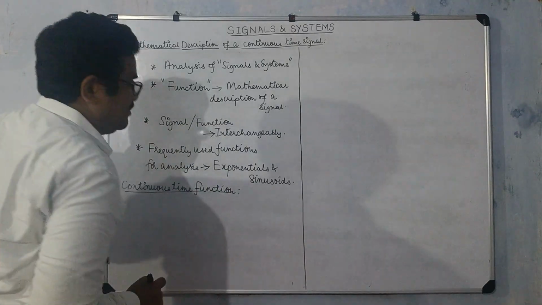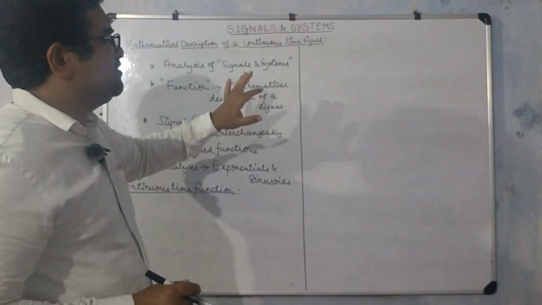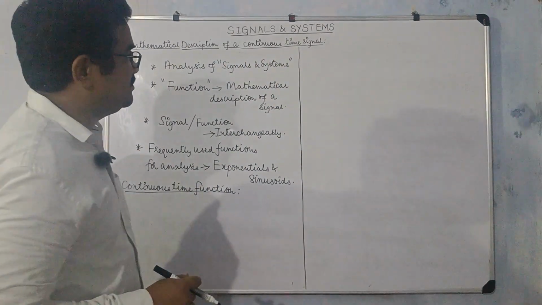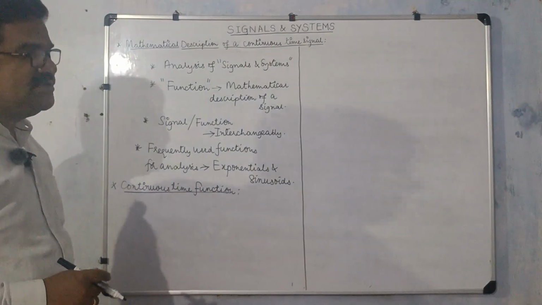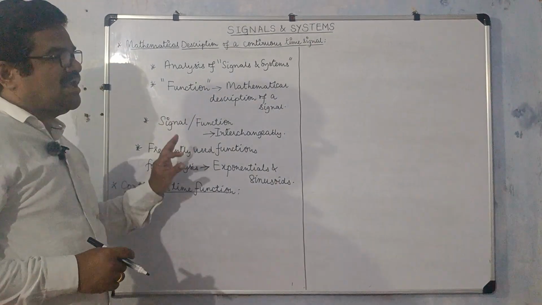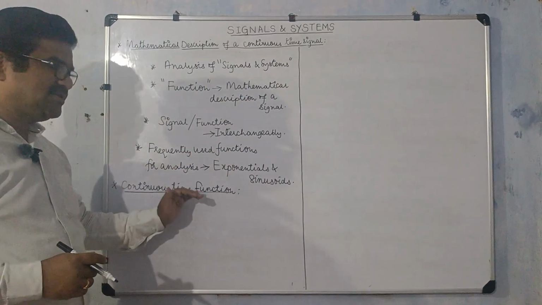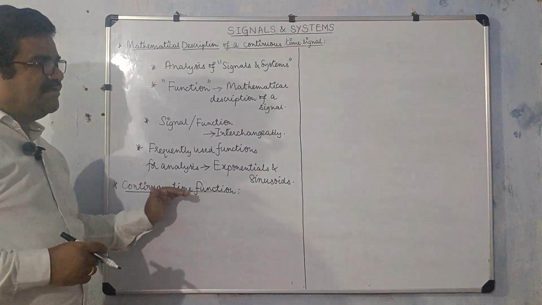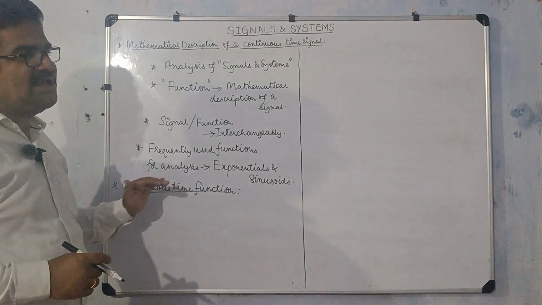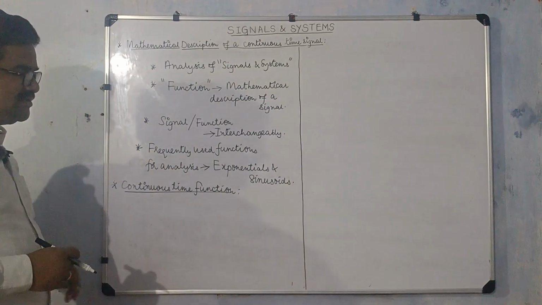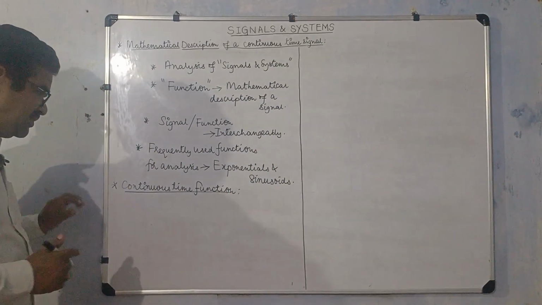We have already seen under the different types of signals, continuous time, discrete time, and digital signals. A continuous time signal is the one where the signal has a value at every instant of time. Similarly, a continuous time function is the function where the function has a value at every instant of time.